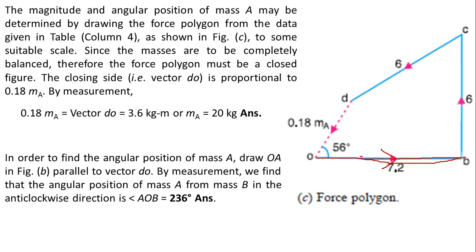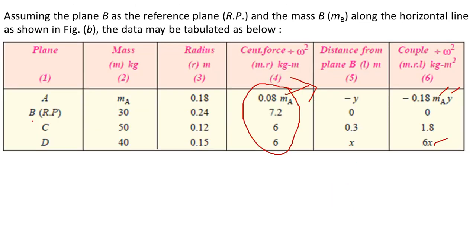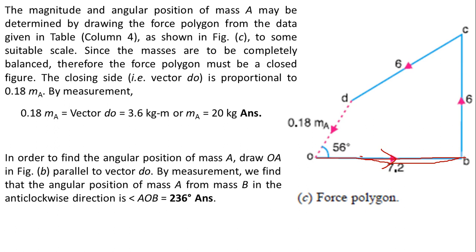Take a suitable scale. You got 7.2 kg meter, so 1 kg meter you can take as around 1 centimeter, that is 10 mm. So it will be okay to draw 7.2 centimeter for O to B.